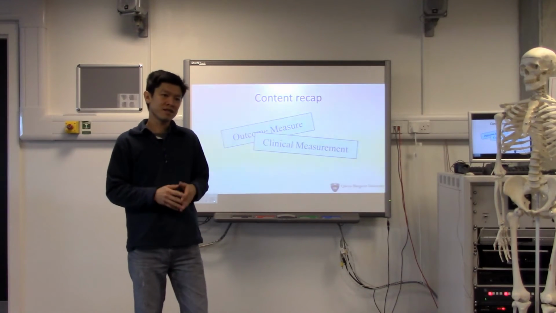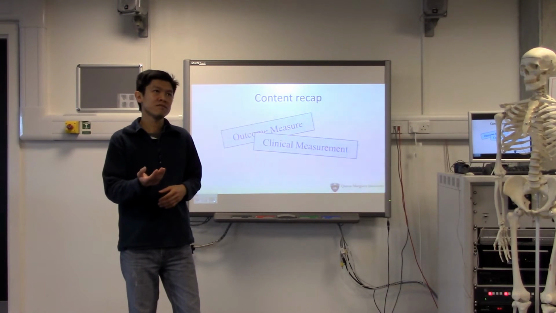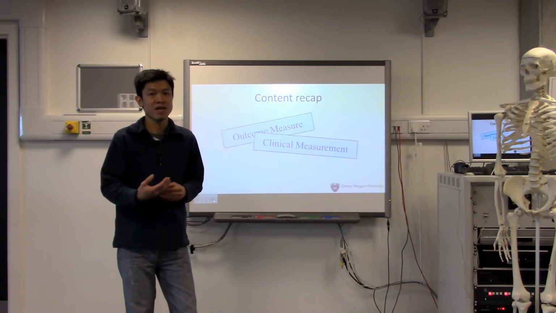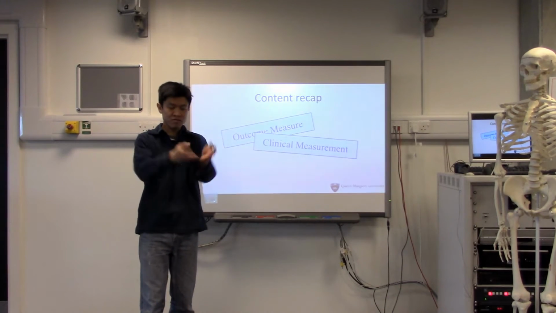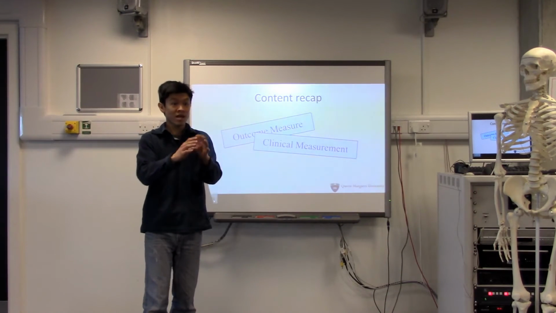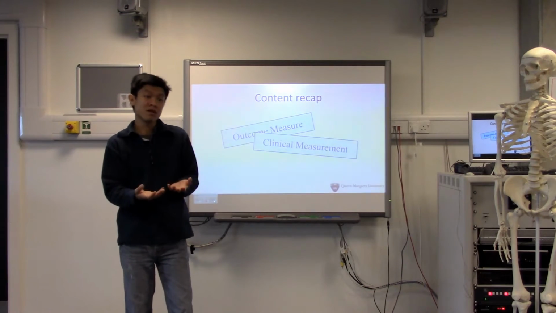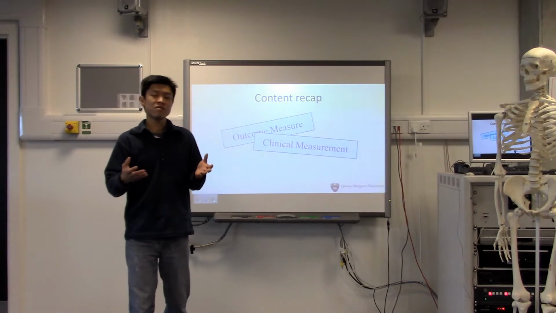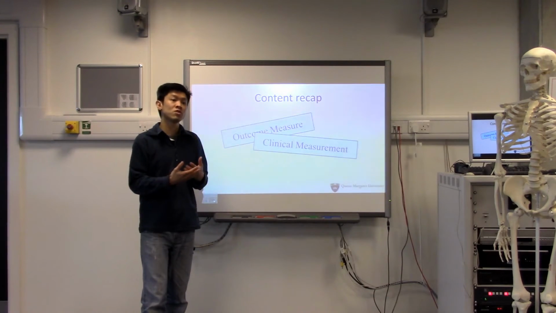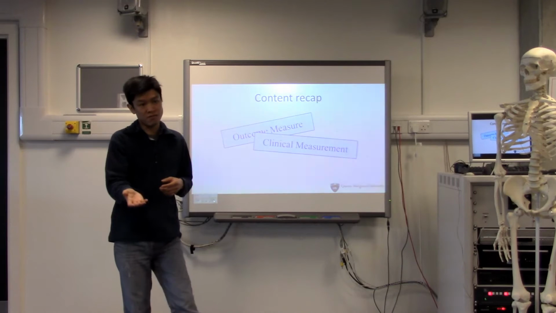The key concept for this entire module is essentially about outcome measures and clinical measurements. So we have this central theme of looking at an outcome measure that you want to use for your clinical settings. The reason we put it so generically is because we know that all of you come from different settings.